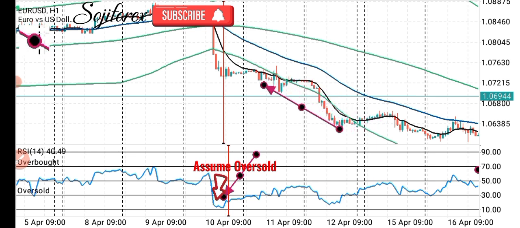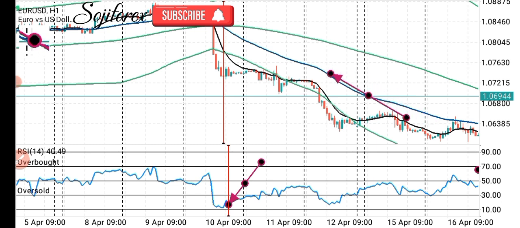Because seeing this zone alone, price being here alone, is not enough to cause a reversal. In short, there is nothing like overbought and oversold until you see a reversal signal. Either the moving averages cross each other, or a break of structure happens, or the trend line is broken.